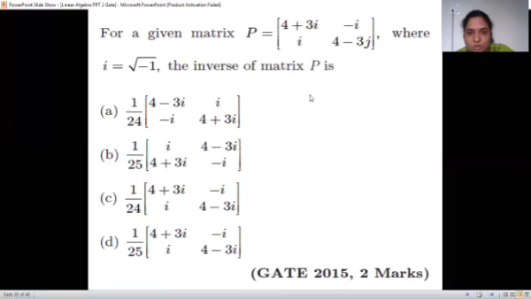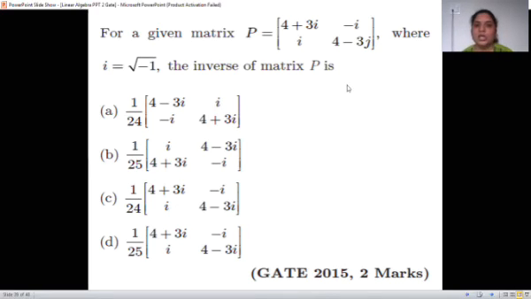So P is given to you. We know the inverse is nothing but 1 upon determinant of P into adjoint of P. So just find out the determinant and adjoint.